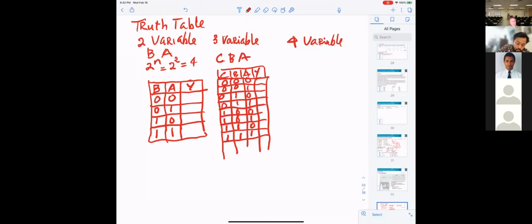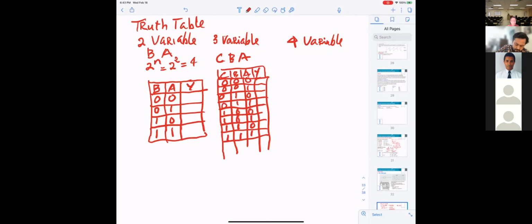That is the truth table. In digital, whatever they want to design, they must use the truth table. The truth table tells you how many inputs you have and what the output is for each combination. For 4 variables, how many combinations? 16.